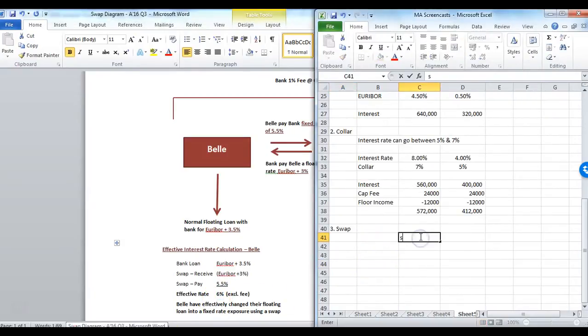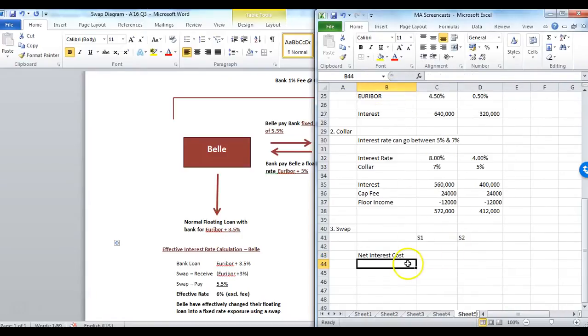So for the swap then, for scenario 1, scenario 2, the net interest cost in both will be 6%. So it's 6% times 8 million. And it's the exact same for scenario 2. So remember, it doesn't matter here because it's always going to be 6%. That's what the interest rate swap does. It locks in the rate. And don't forget then you have a fee of 1%.